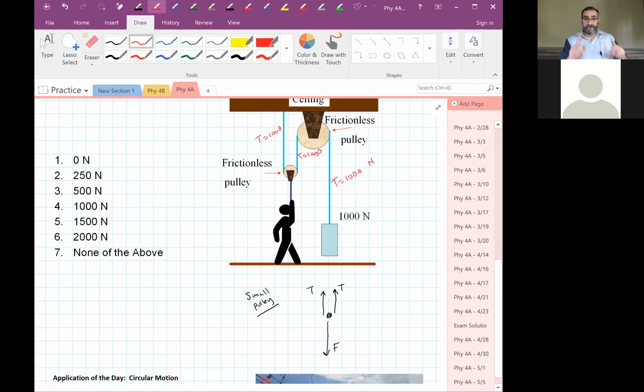And the rope is pulling up on each side of the small pulley. So if you look at a free body diagram, it would look like what I drew here. So we have two tensions, 2,000 newtons pulling up on the small pulley. So the person would have to pull down with 2,000 newtons to hold it there.